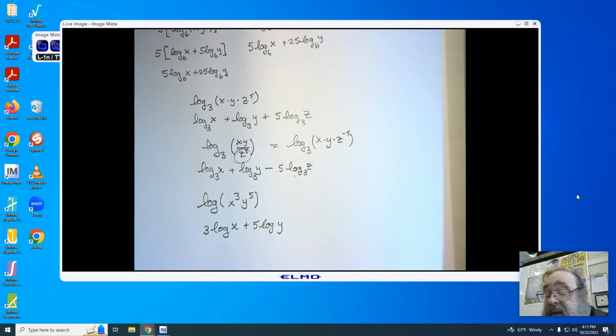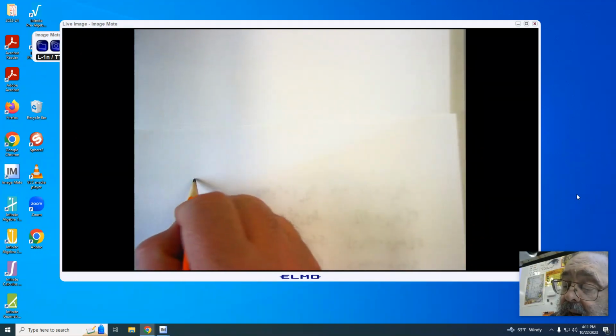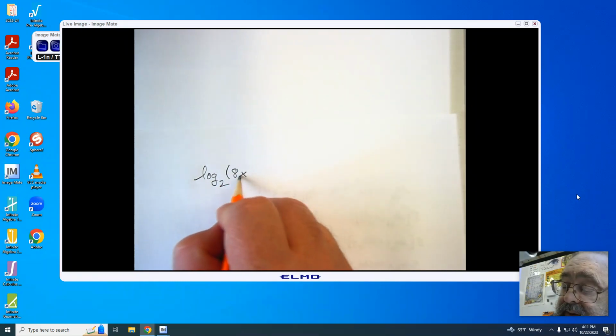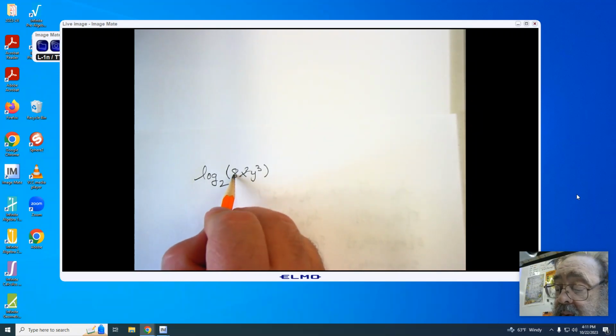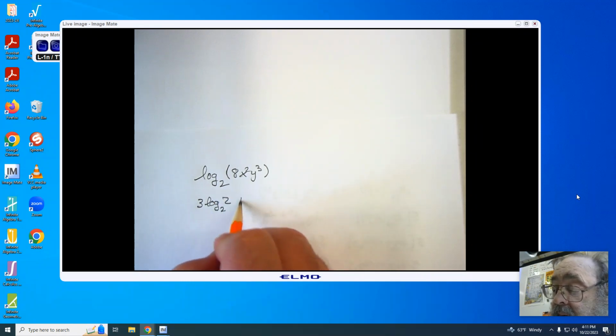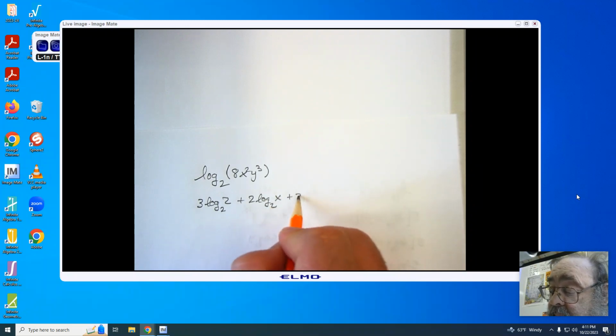Now we can make these problems more difficult by simply putting in some power of the base. For example, let's take log base 2, and I'm going to put an 8x squared y cubed. Well, this is really 2 to the third power, so I would have 3 log base 2 of 2 plus 2 log base 2 of x plus 3 log base 2 of y.